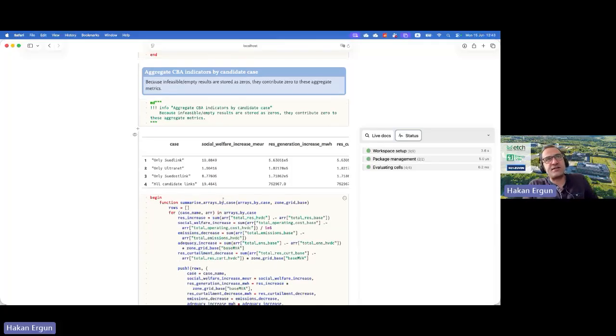And if you then aggregate all these results, we can see here the social welfare increase in million euros. So for the 1 week of operation, we would get for the Zoot link a cost reduction of about 10 million euros, for Alternet about 2 million, and for Zoot link for about 9 million euros.